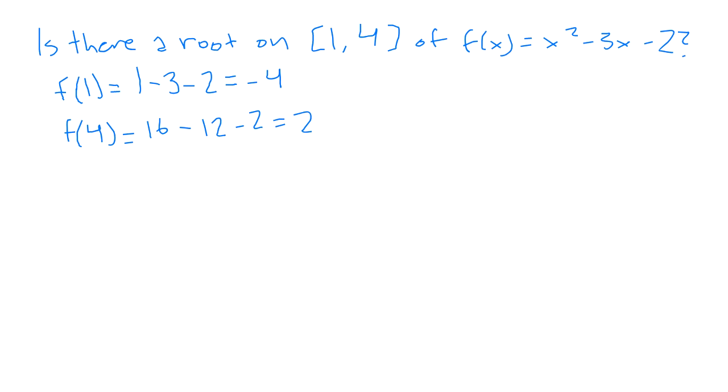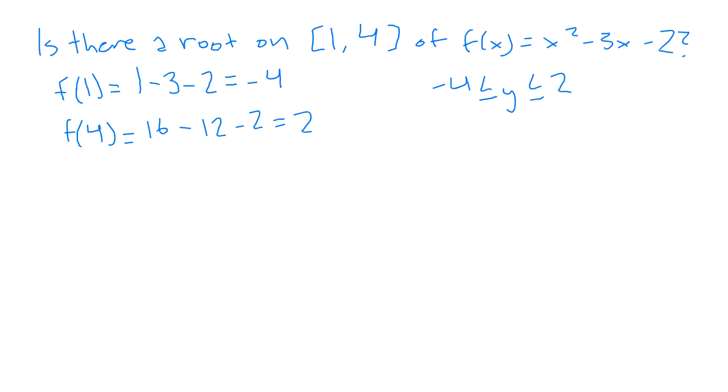So we can go ahead and say, because that's true, and we also know that 0 falls somewhere in between negative 4 and 2, then there must exist some x value that will give us a y value of 0.